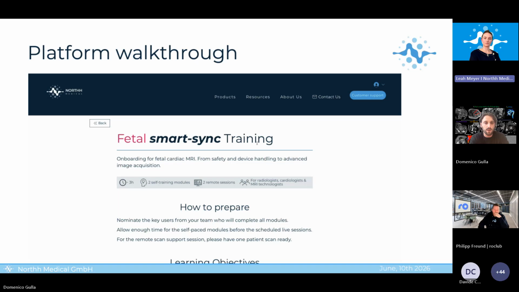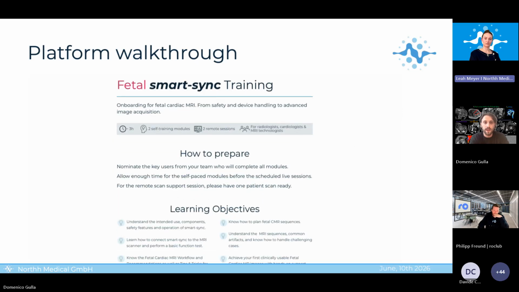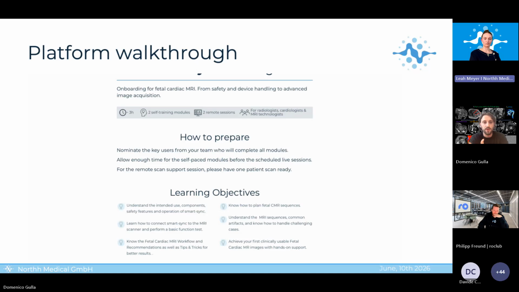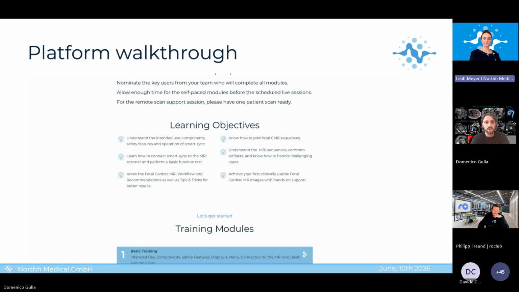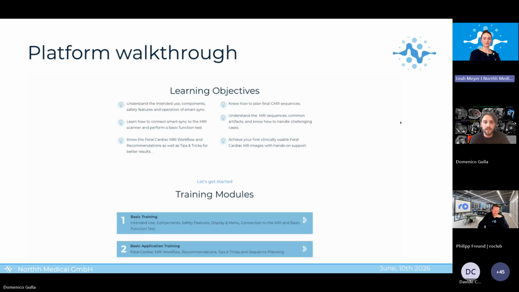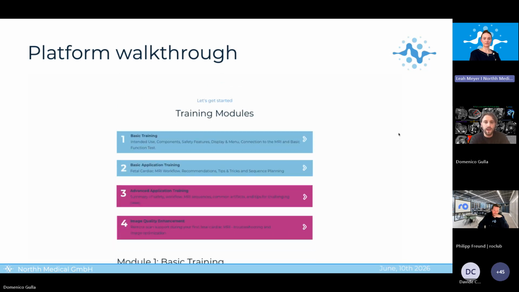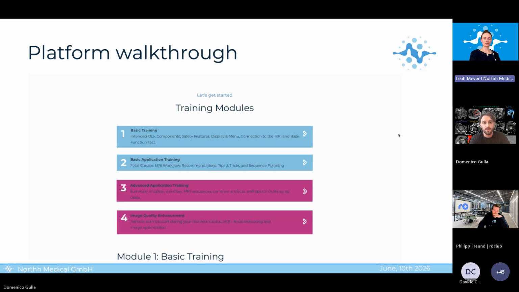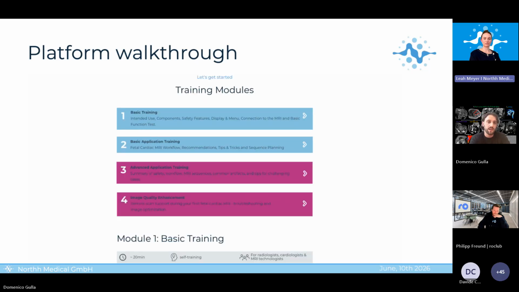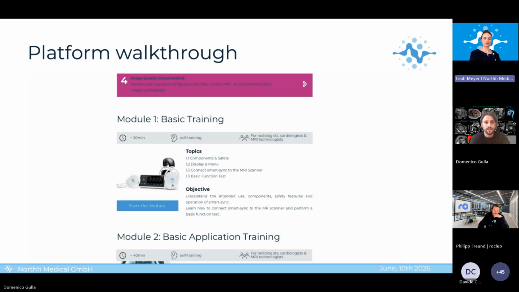It's 3 hours and comprises 2 self-training modules. How to prepare: it's always important to nominate the key user from the team, for example, MRI technologists in charge of the application. And here we have how to start the training modules. We have our basic application training and the advanced module.